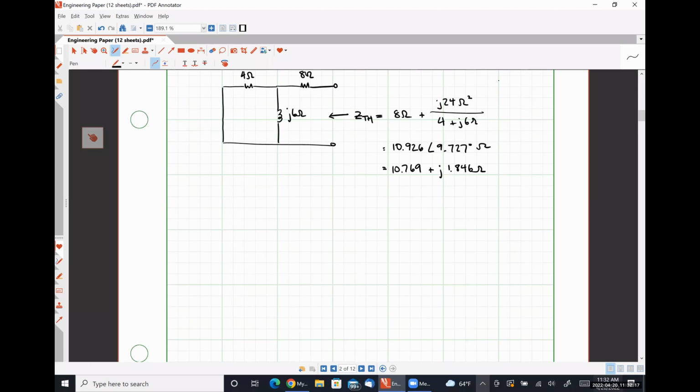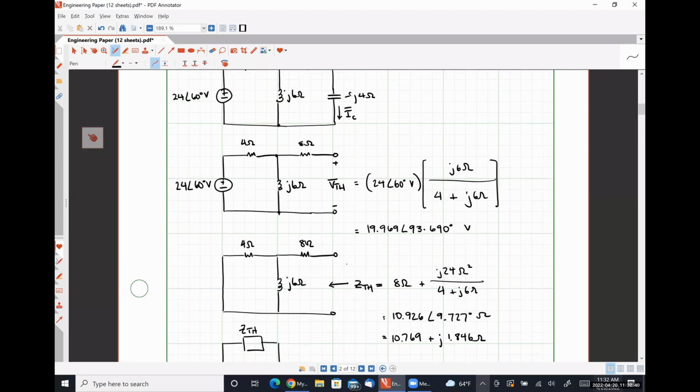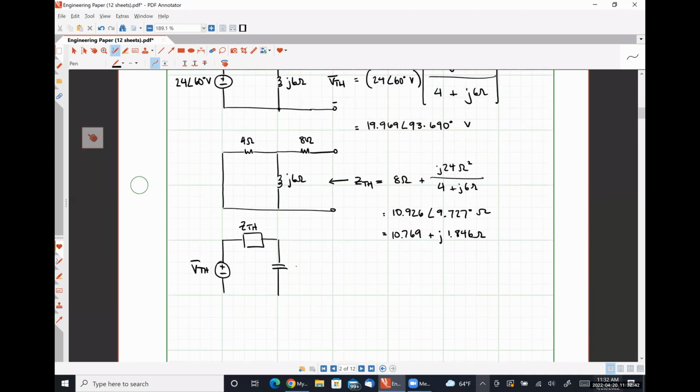Well, we can simplify our original circuit to V Thevenin in series with Z Thevenin, and then connect that equivalent circuit to our capacitor, which had an impedance of negative j4 ohms.